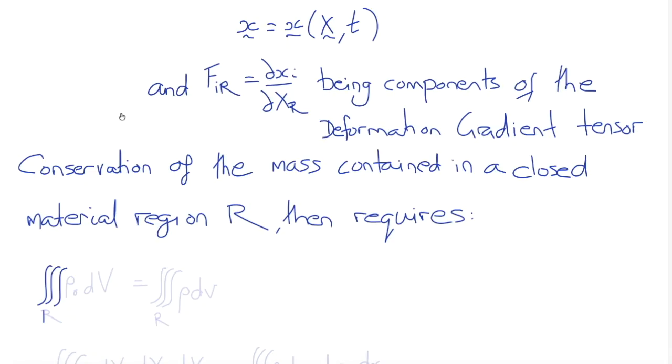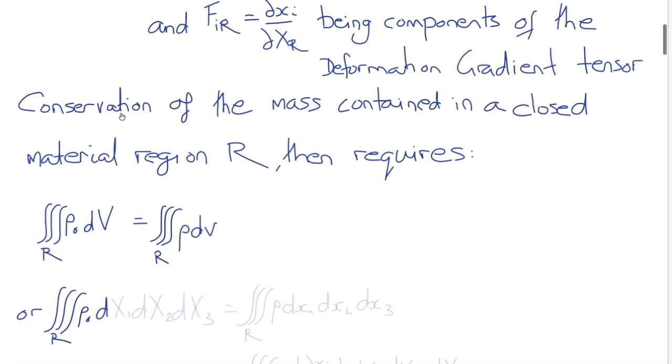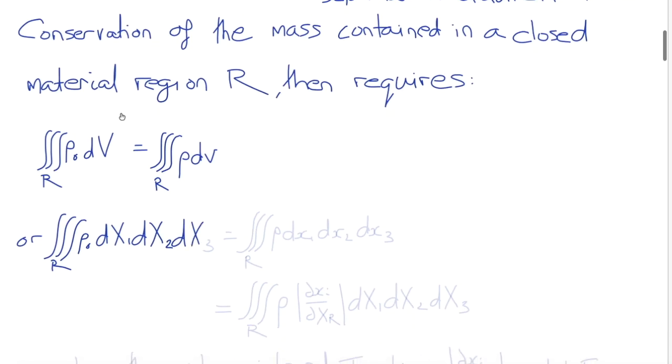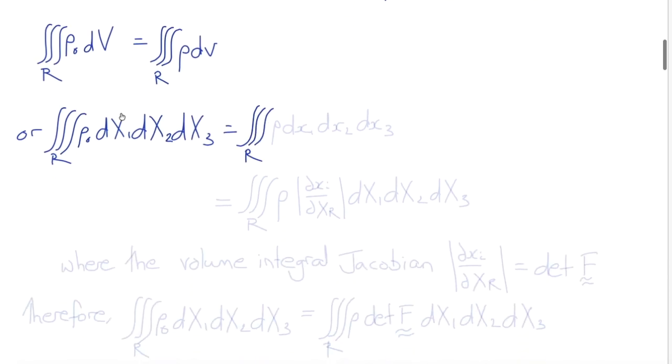The triple integral over the region R of rho naught, the undeformed density, with respect to volume in the undeformed state, is equal to the triple integral over R of the deformed density with respect to the deformed volume dV, or writing this in components, the triple integral of rho naught, the undeformed density, with respect to dX1, dX2, and dX3 is equal to the triple integral over R of rho, the current density, dx1, dx2, dx3.